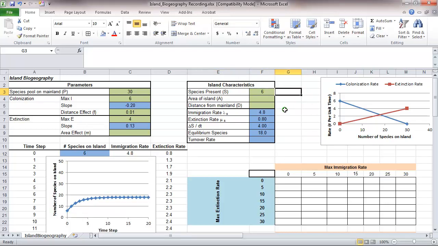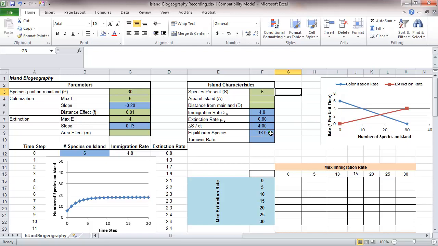And we've been using the number 6. So at 6 species on the island, our immigration rate should be 4.6 and our extinction rate should be 0.8, and that results in higher immigration rates than extinction rates, so we're going to be adding 4 species in the next time step.